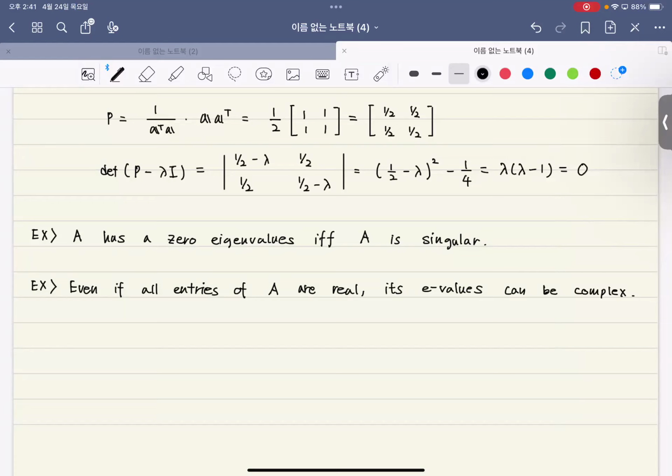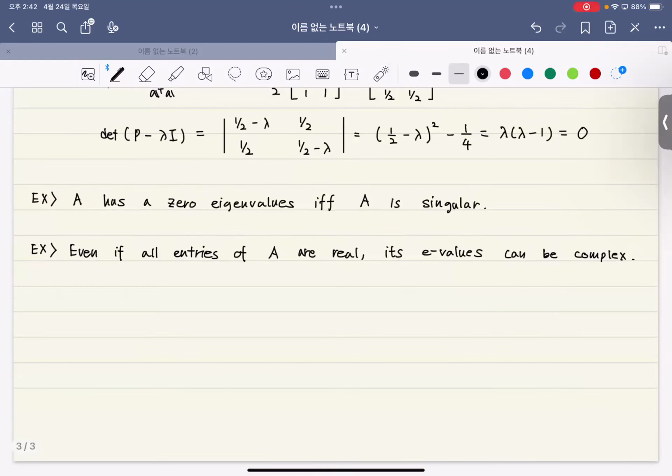Because of the characteristic polynomial, the characteristic equation. Suppose your matrix A is n by n with all real entries, then its characteristic polynomial is a degree n polynomial of lambda whose coefficients are all real numbers. But even if the coefficients are all real, the roots of the polynomial can be complex numbers. Because of this, the eigenvalue can be a complex number.